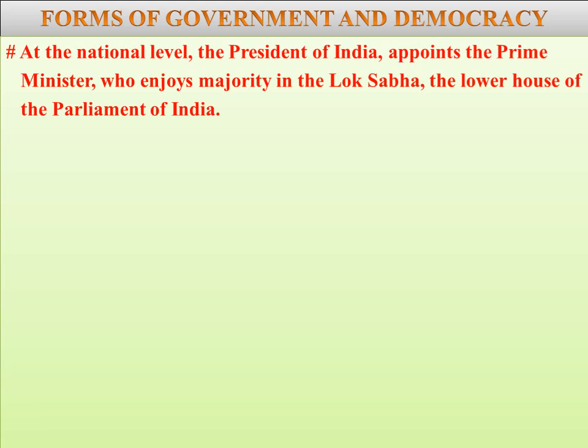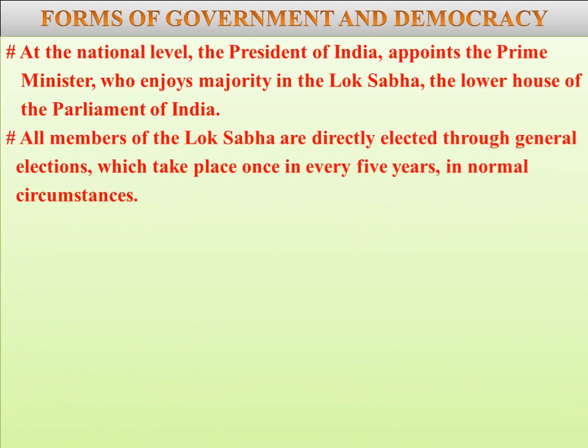All members of Lok Sabha are directly elected through general elections, which take place once every 5 years in normal circumstances. Two Anglo-Indian members can be nominated by the President of India to the Lok Sabha.